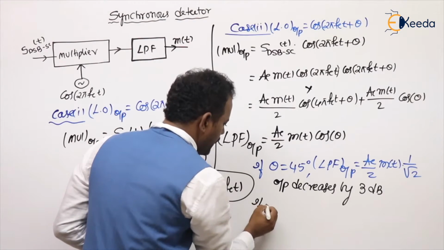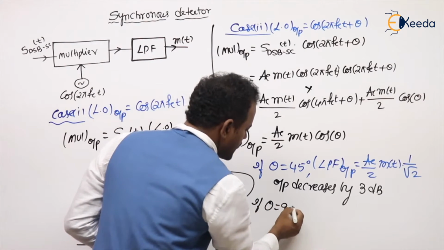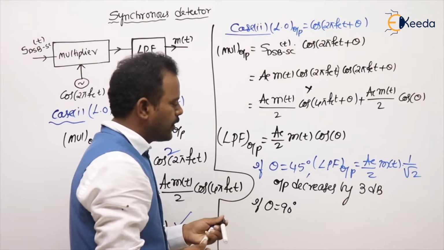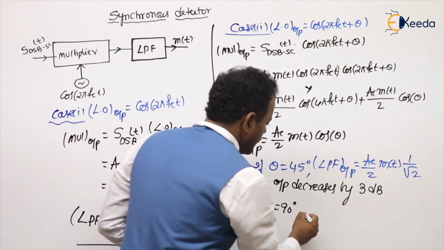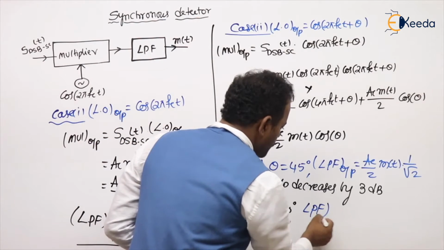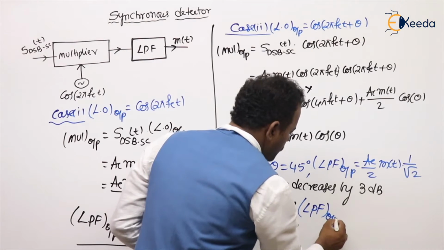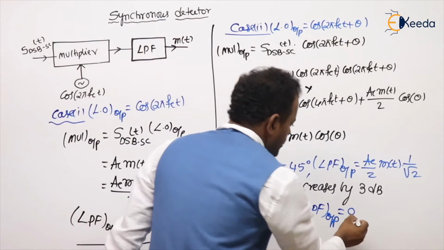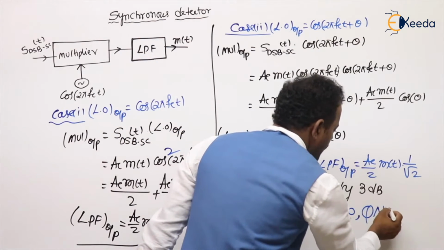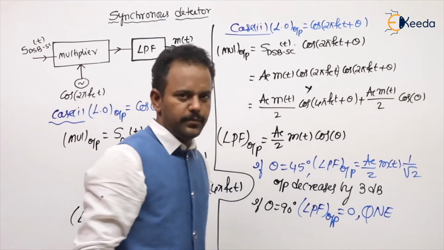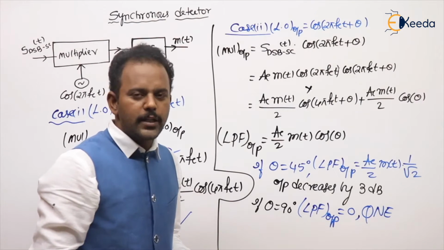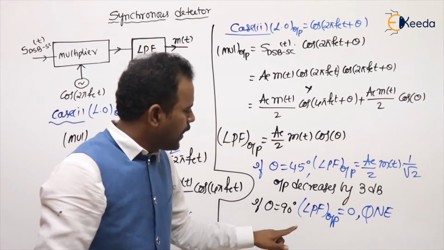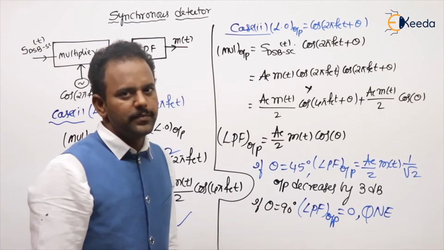For example, if the phase difference is 90 degrees, then what is the low pass filter output? Low pass filter output is 0 because cos 90 is 0, which means it is also affected by the quadrature null effect. So demodulation of DSBSC is also affected by QNE.